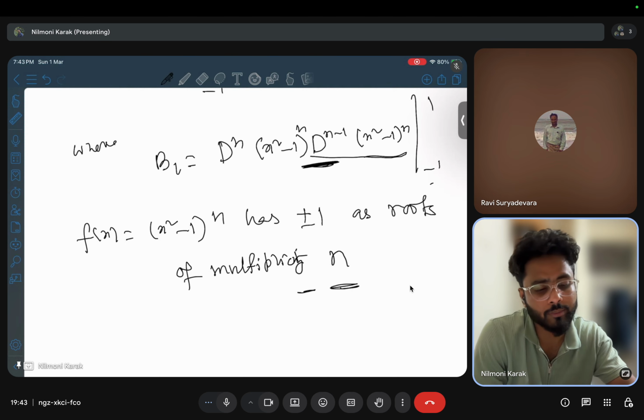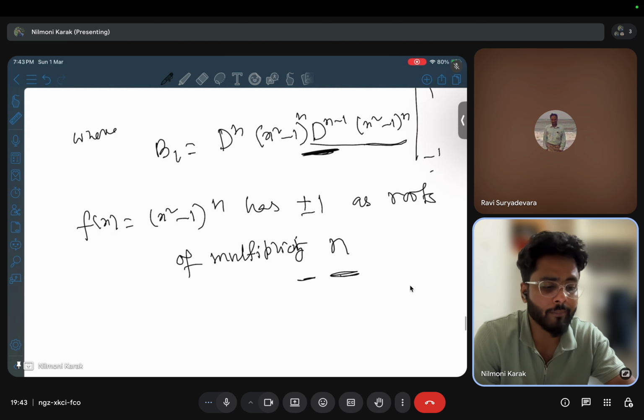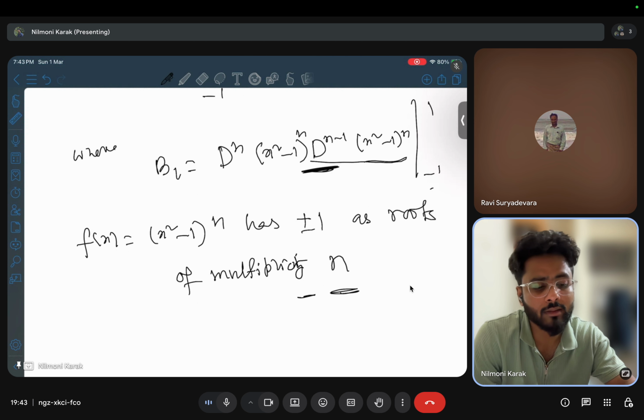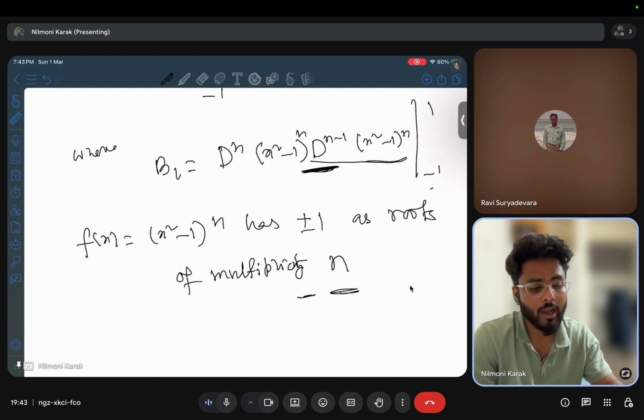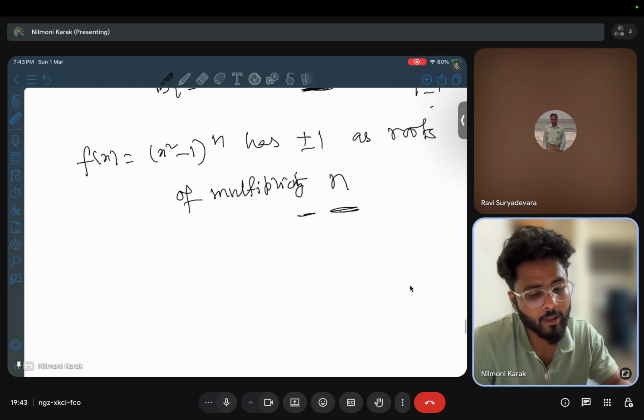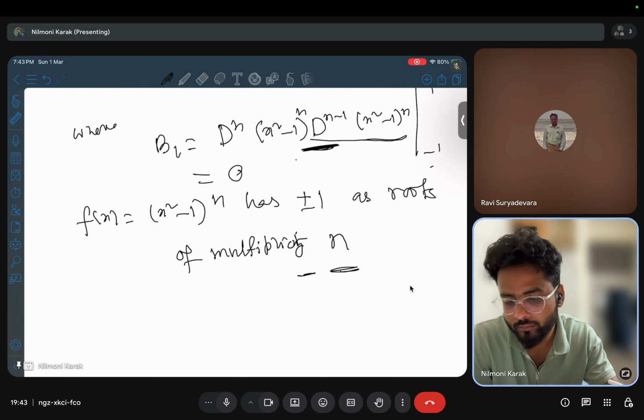So if you differentiate n minus 1 times, you get a function that vanishes at plus 1 and minus 1. That's why this b1 is 0. Got it?